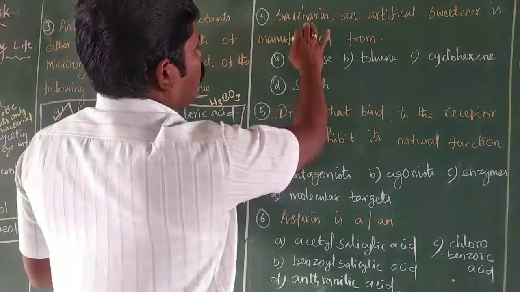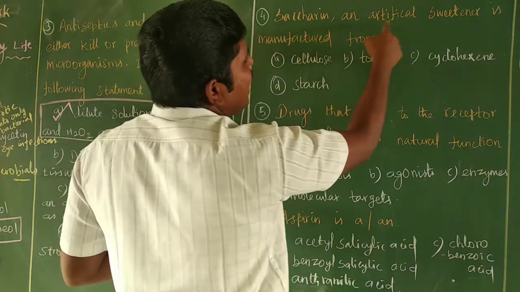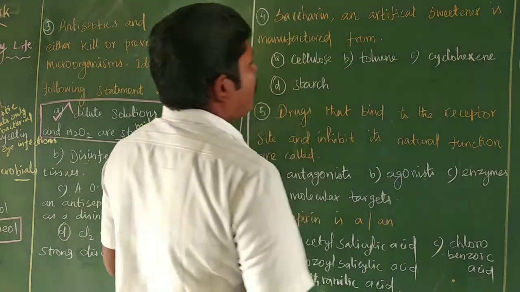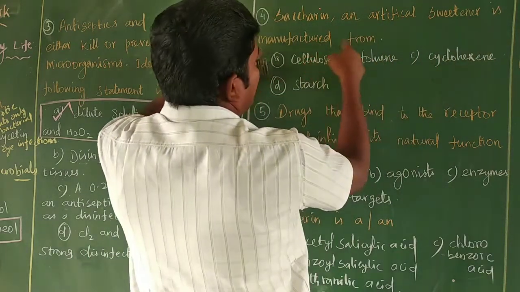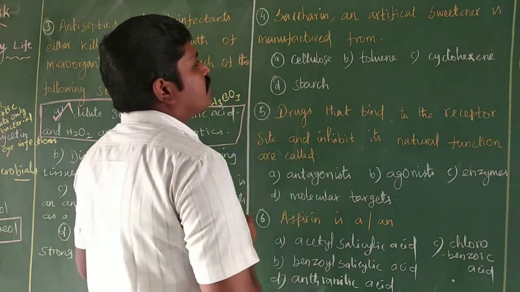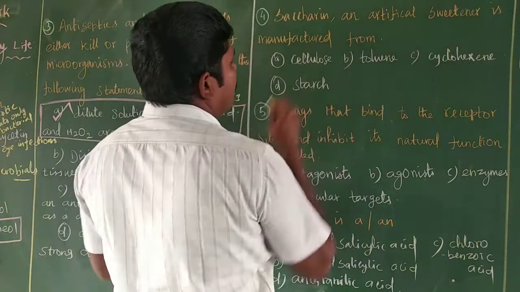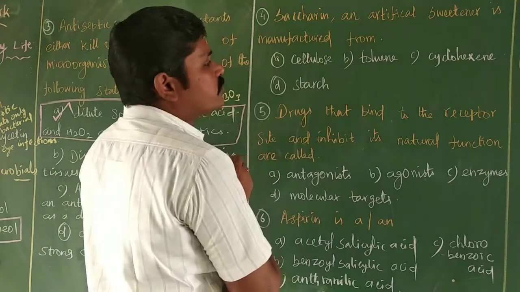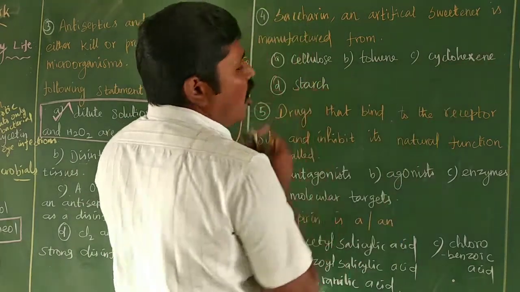Right? The fourth one is saccharin. Saccharin, an artificial sweetener, is manufactured from cellulose, toluene, cyclohexene or starch.